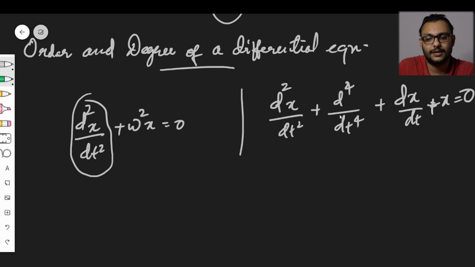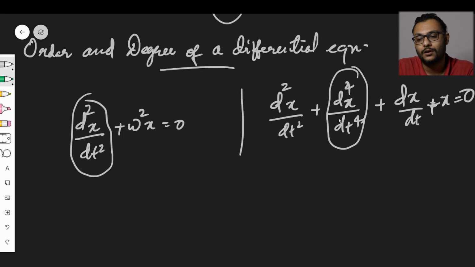Here we can find that the highest order term is d raised to 4 x by dt raised to 4. This is a fourth order term. So order is nothing but the highest order of the derivative term.